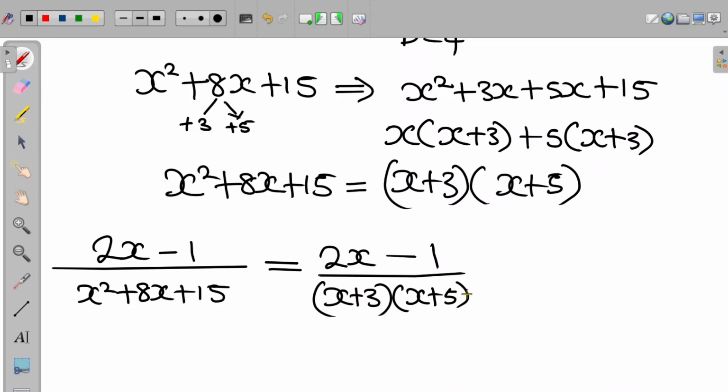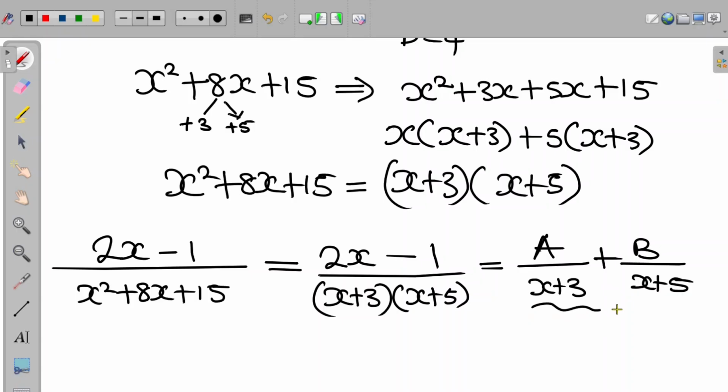Now, since the denominator has been reduced to the product of two linear factors, the compound fraction can be resolved as A divided by x plus 3 plus B divided by x plus 5. If you don't know how I obtained this expression on the right-hand side, please watch my video in this playlist on the rules of resolving partial fractions. That video provides a guided step on how to resolve partial fractions.